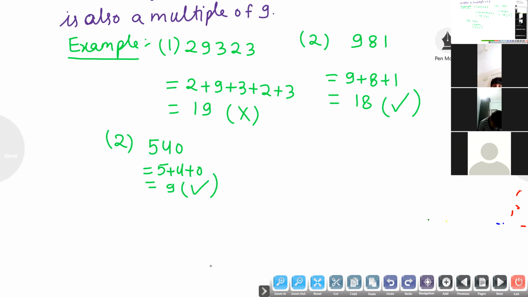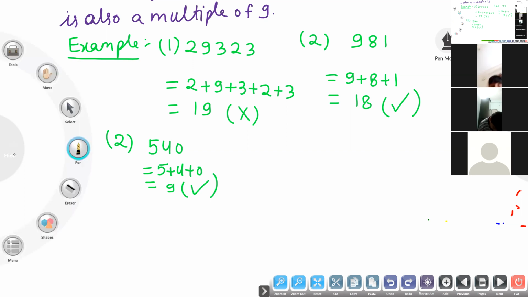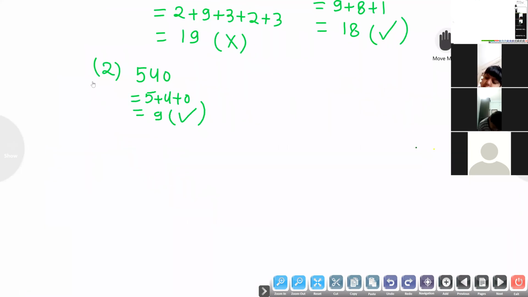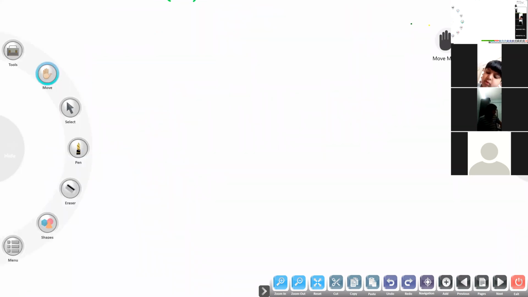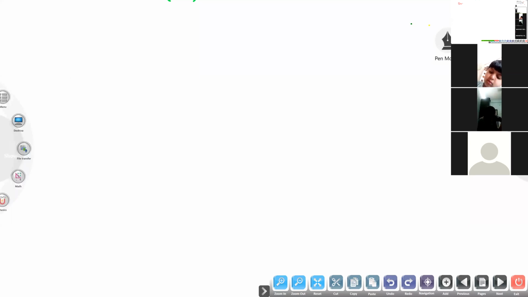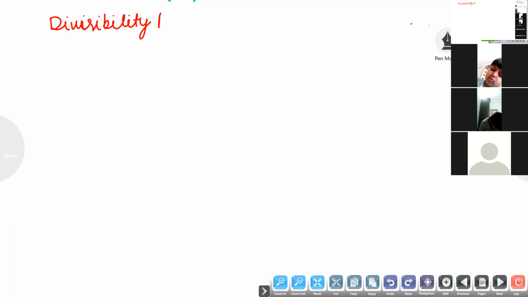Next, divisibility rule of 10. Listen carefully, students.